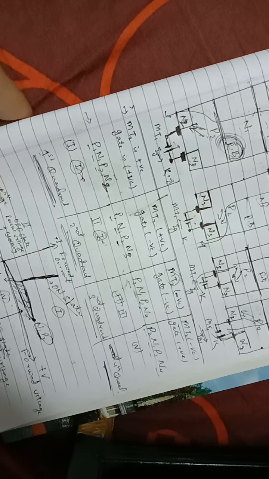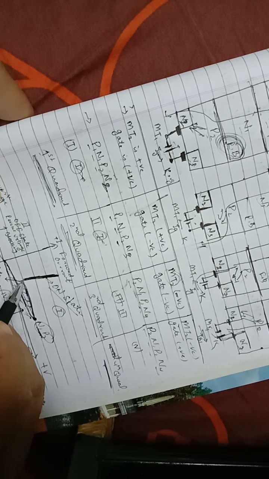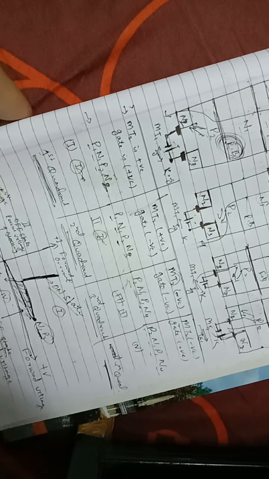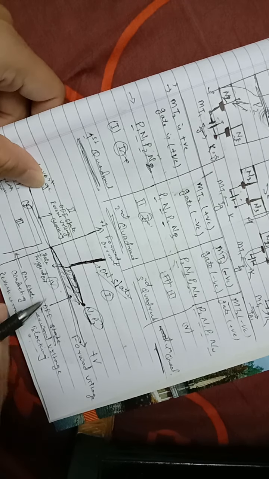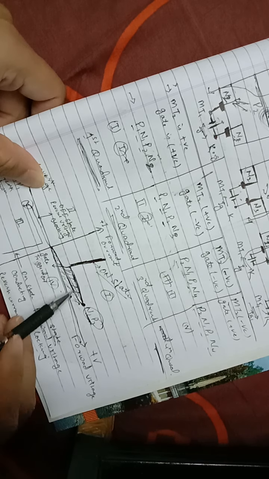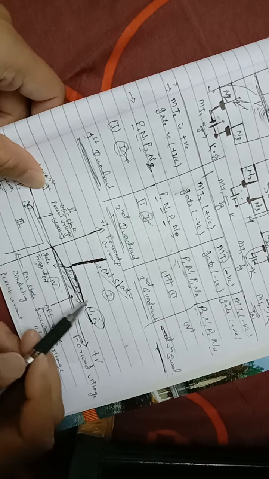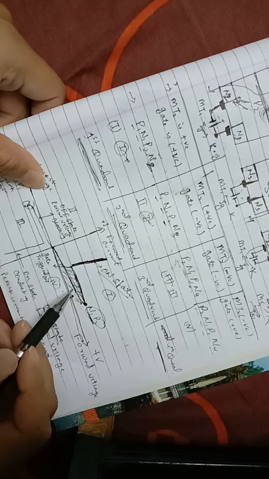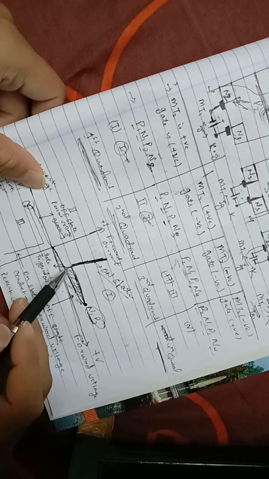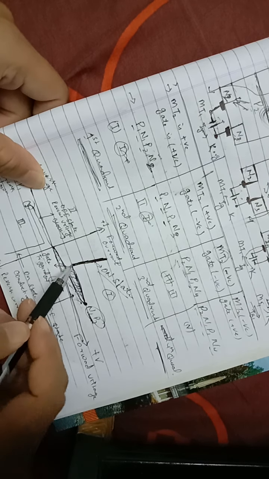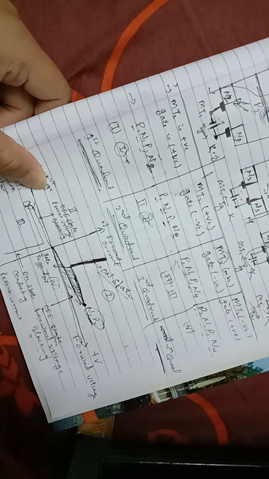This is your forward blocking voltage. You give a little bit more voltage, gate signal, and at this point of time your TRIAC start conducting.